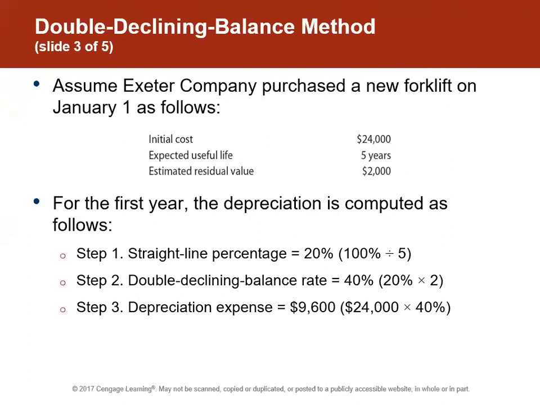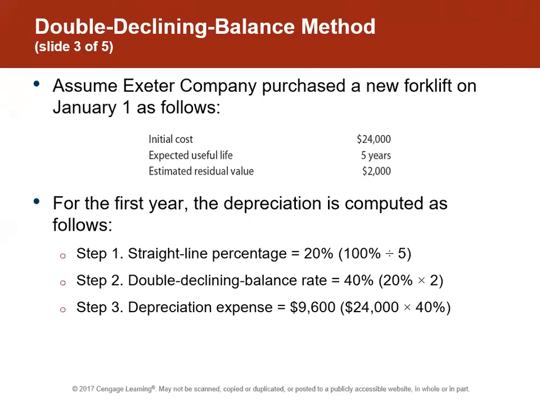That makes sense. So we depreciated this asset 9,600 in year one. So what's 24,000 minus 9,600? 14,400. Okay, so this is our book value coming into year two.